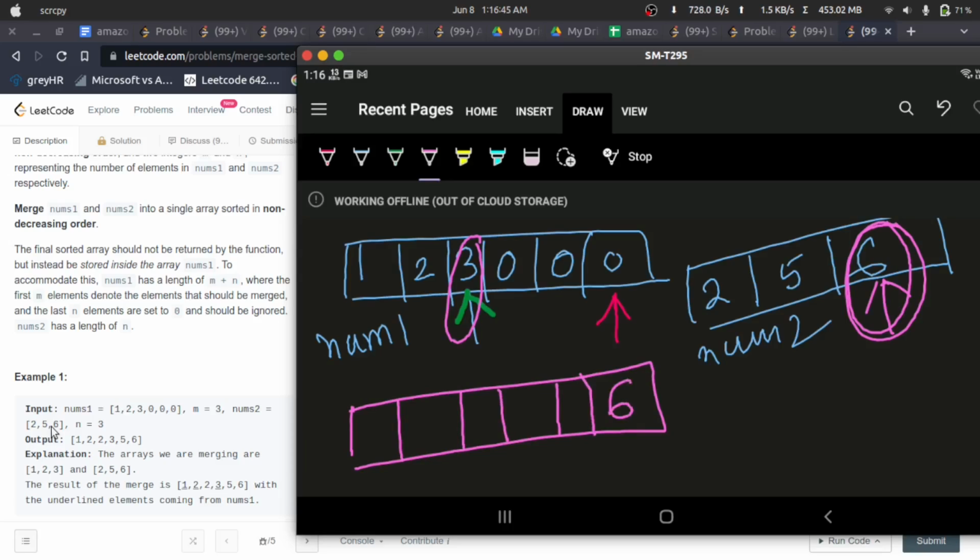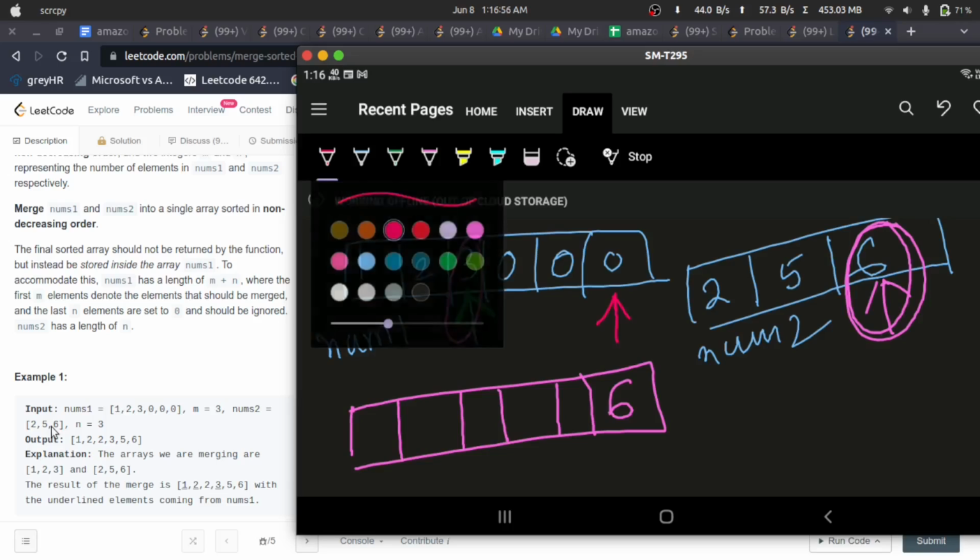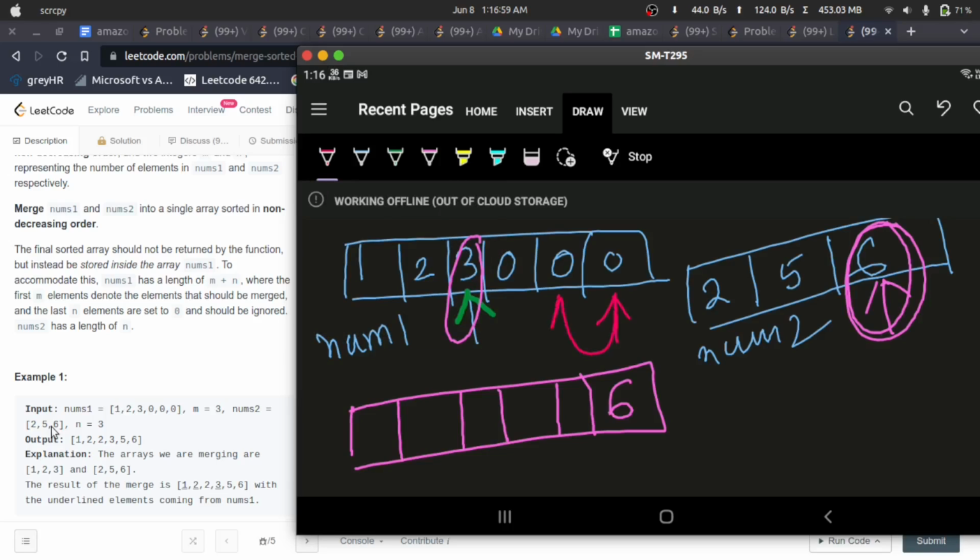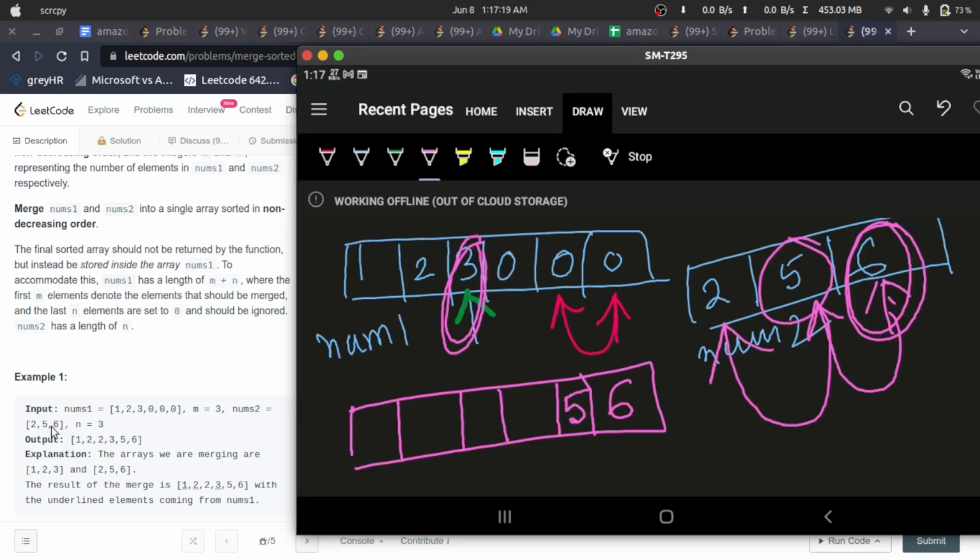Here 6 is greater, so I am putting that value here, 6, and that pointer comes here. Now I'll have to compare 3 and 5, which is greater? 5 is greater, so I am putting it there, and that pointer also moves here.